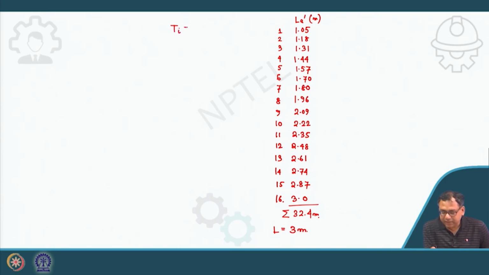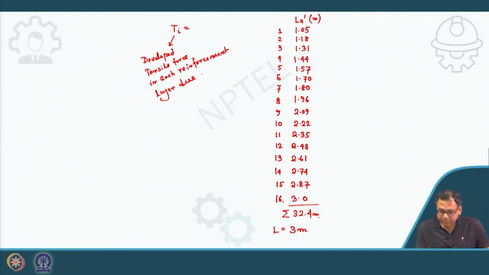Ti is the developed tensile force in each reinforcement layer due to seismic force.